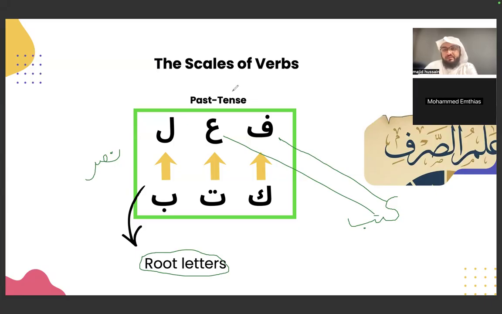Now, this is only specific to past tense in thalathi mujarrad, the words with only three root letters, not mazid fih, which has extra root letters as well. The scale of the verb is based upon fa, ain, lam.